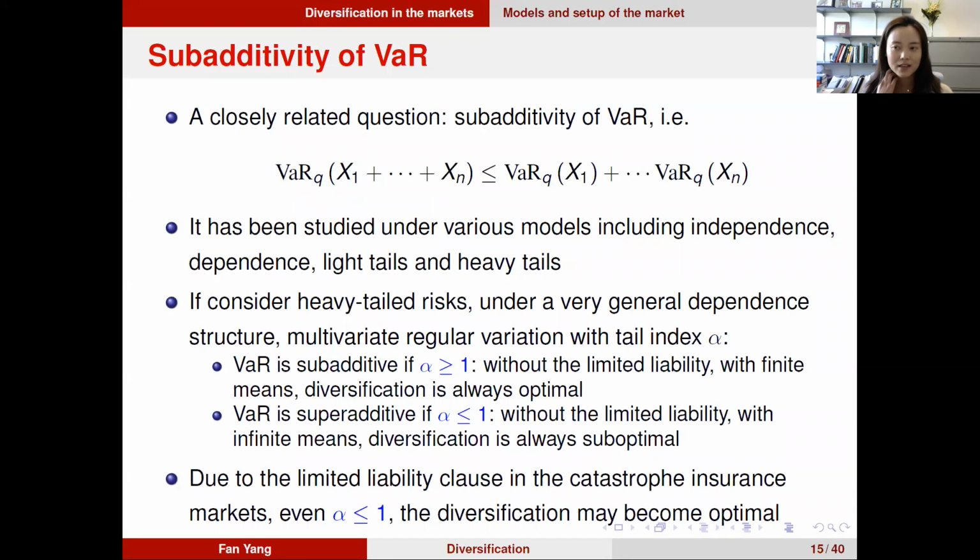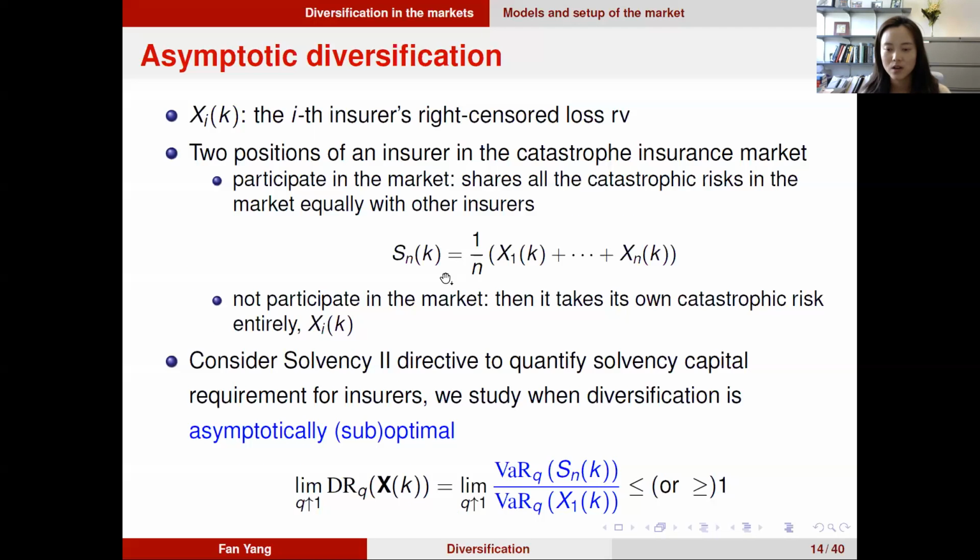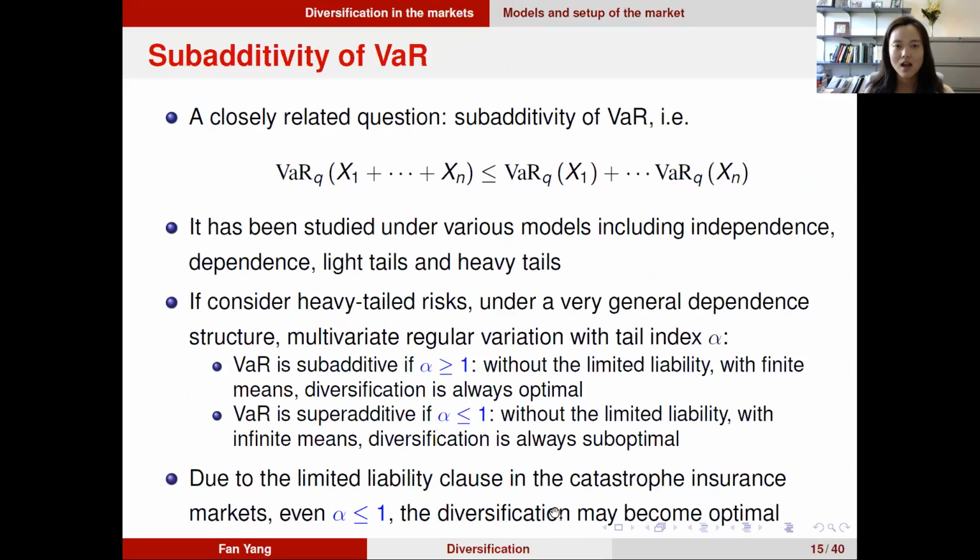Before I present the main result, here's a closely related question to study this ratio. The VaR of Sn over the VaR of X1 is about the subadditivity of VaR. That is, the VaR of the summation of Xi is less than or equal to the sum of VaRs.